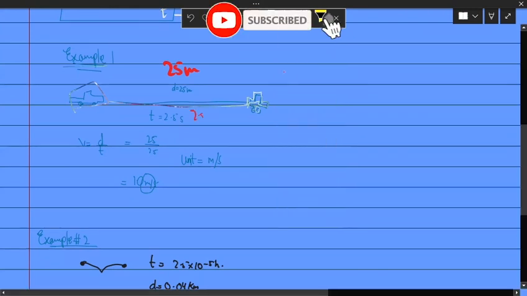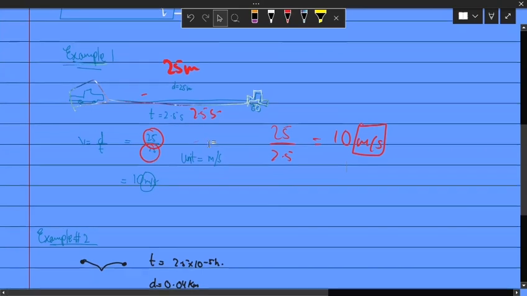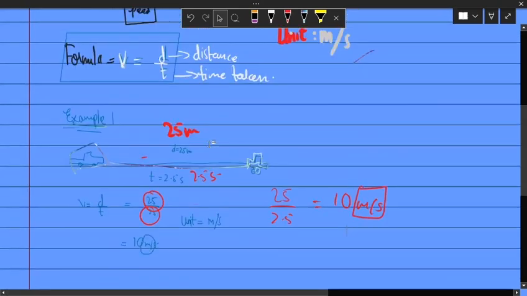Let's put the values in the formula, putting d in the d place and t in the t place. So 25 upon 2.5, and the answer is 10 meter per second. We have to write this unit. This is the speed of the car.